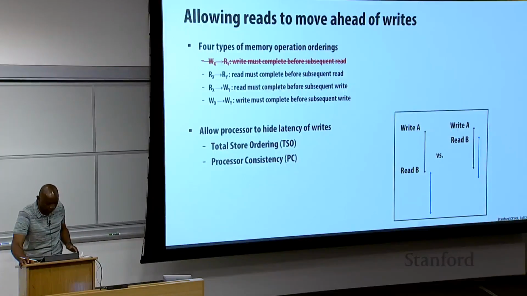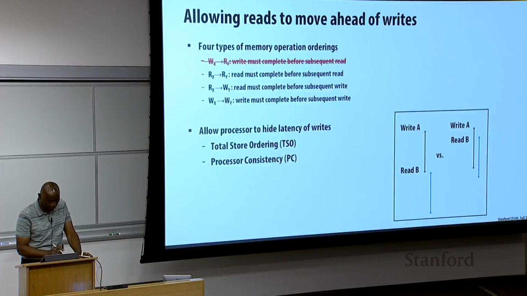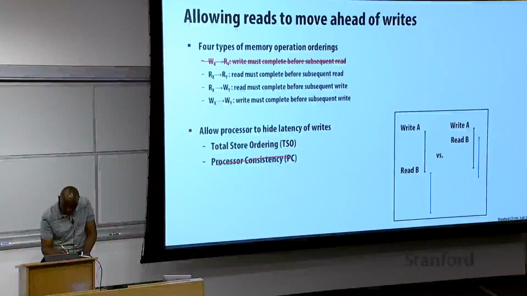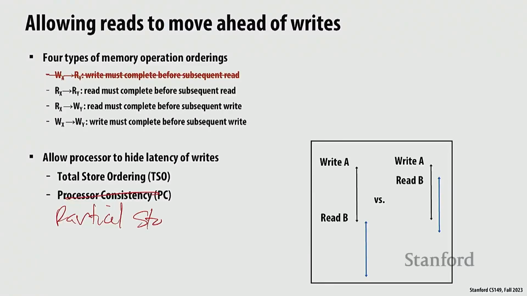So, write to read order. You're going to allow reads to happen in a different order than a write to X followed by a read to Y. So total store ordering or partial store ordering, this should actually be... processor consistency is actually something different, which is PSO.